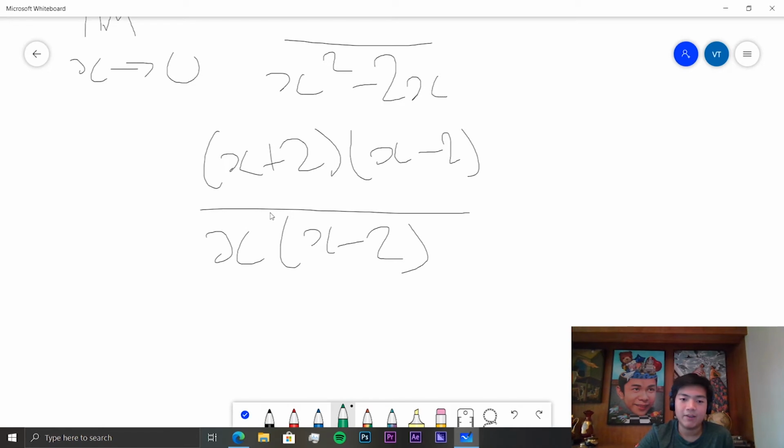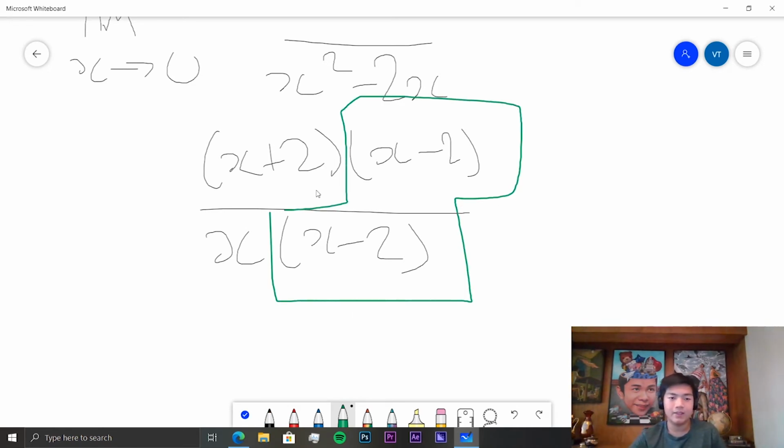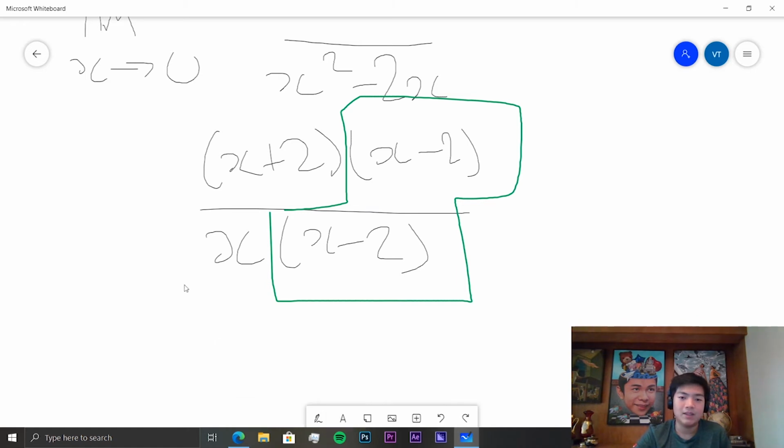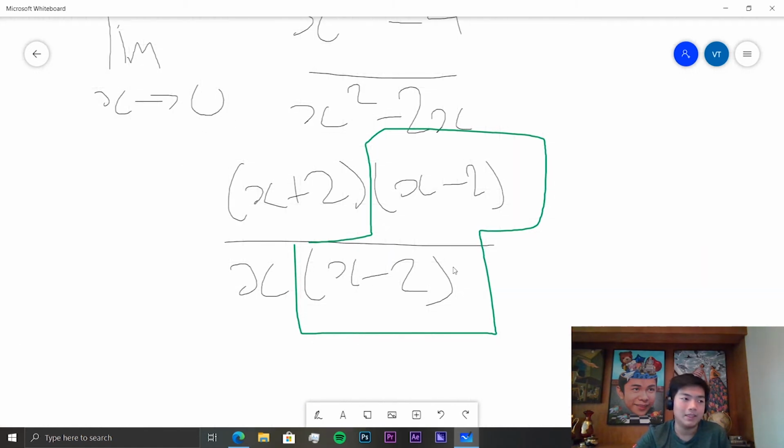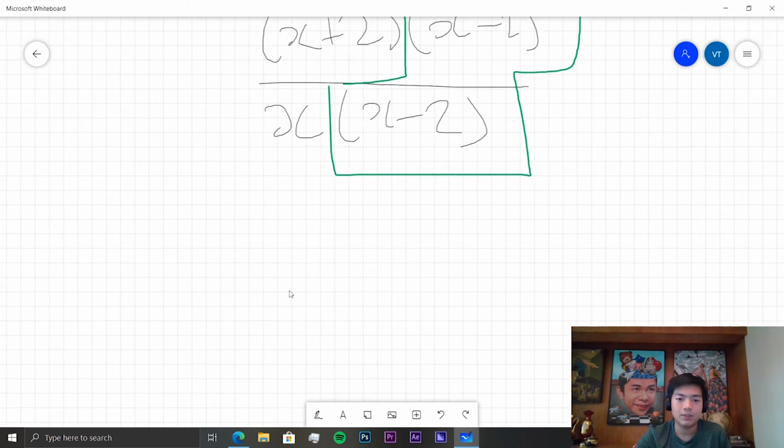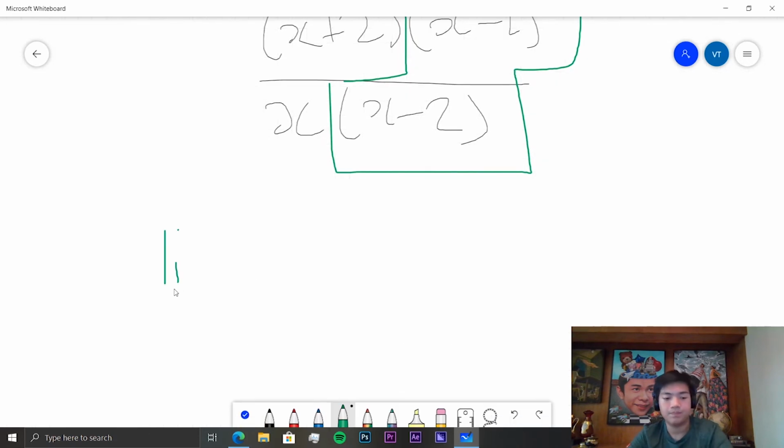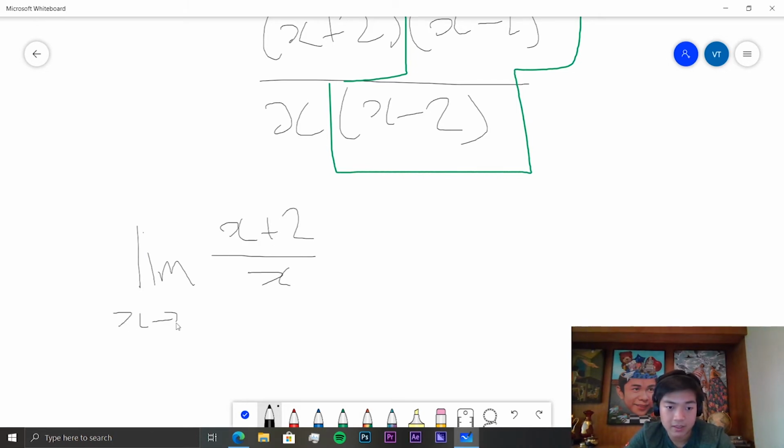Here's like a cheat thing. If we know that this thing exists, where we have one thing over the other in a limit, even if the limit tends to 0, we can evaluate this as 1 normally. And so we're left with the limit of x plus 2 over x as x tends to 0.